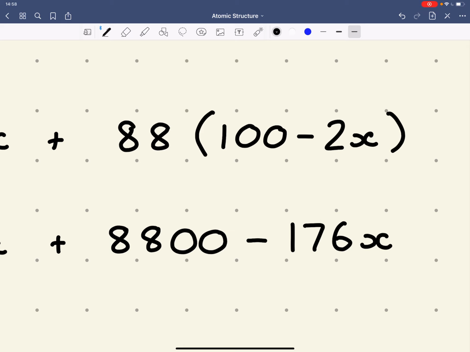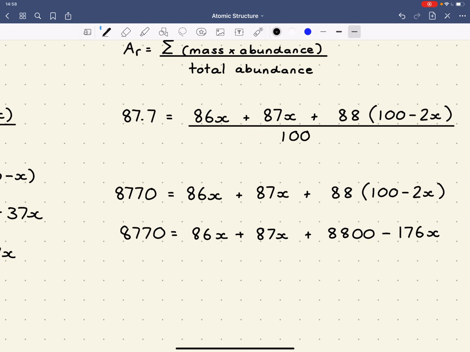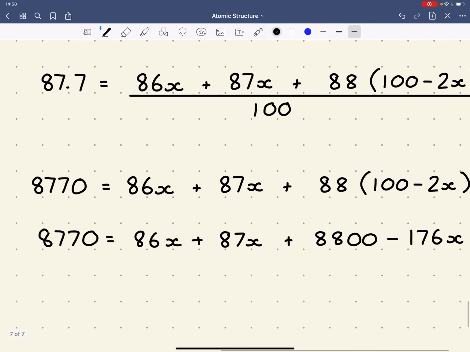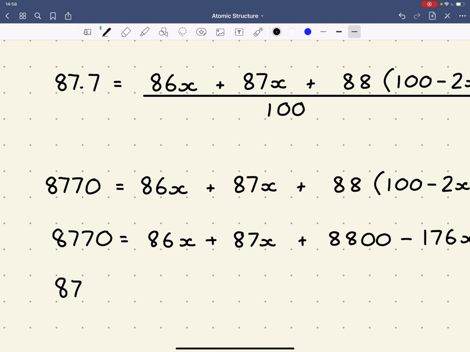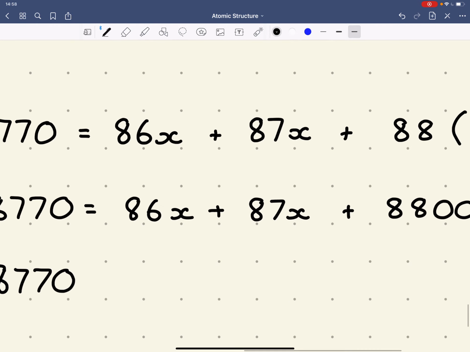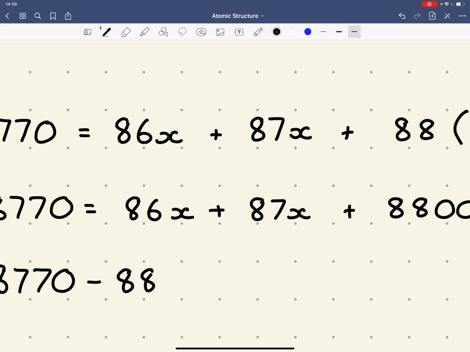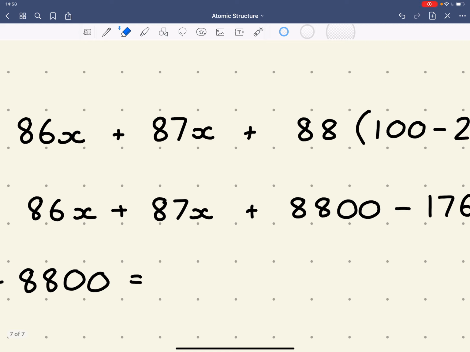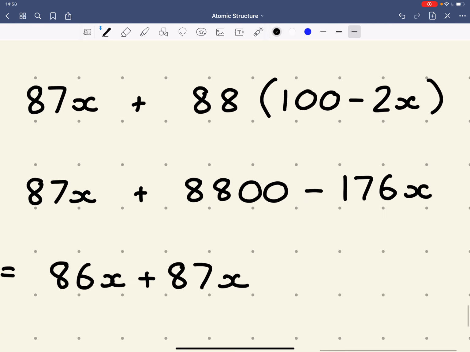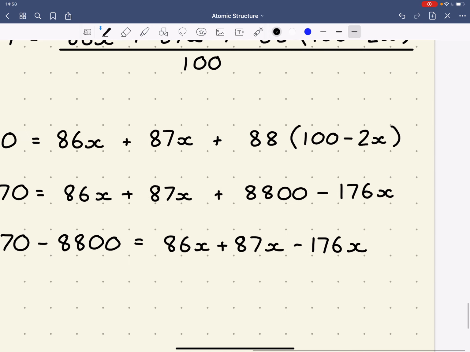And again, now it's just a case of collecting terms, all the x's on one side, all the non-x's on the other. So I'll get 8,770 minus 8,800 equals 86x plus 87x minus 176x.